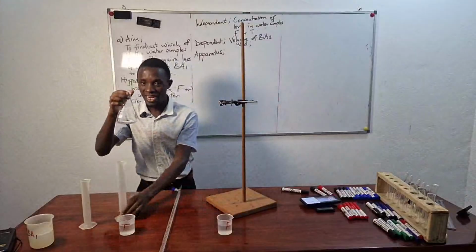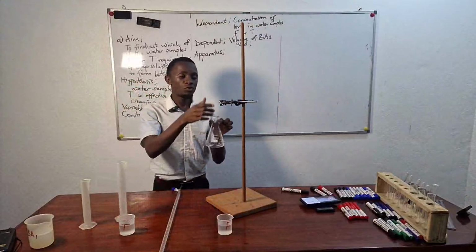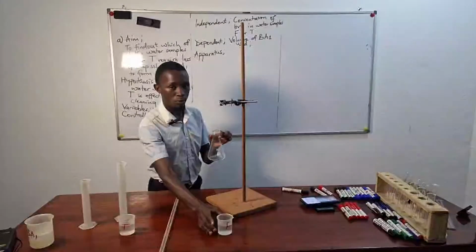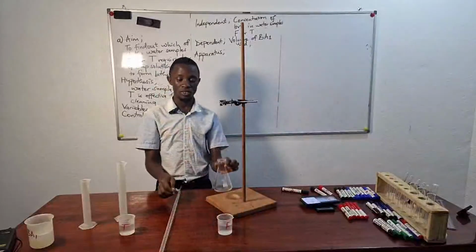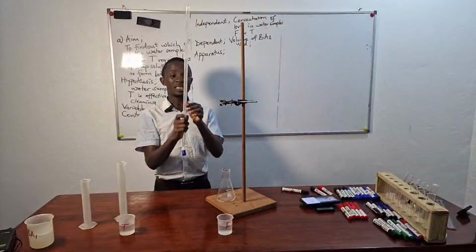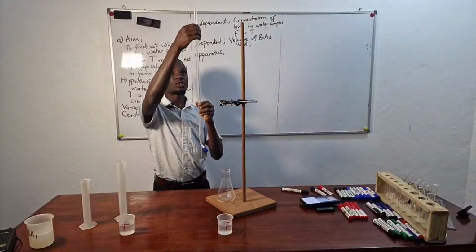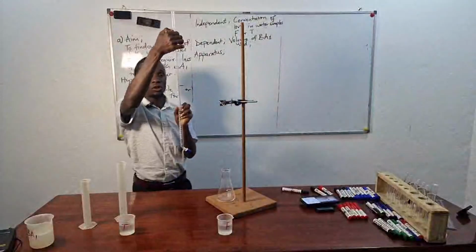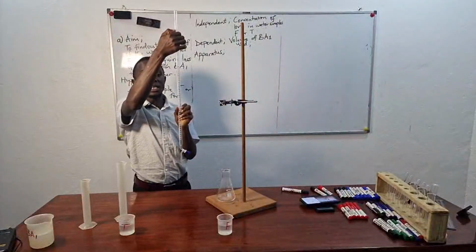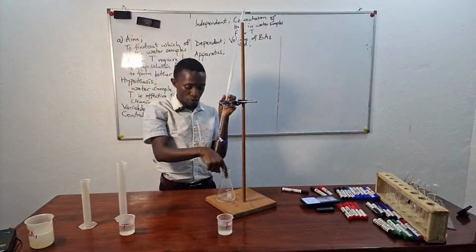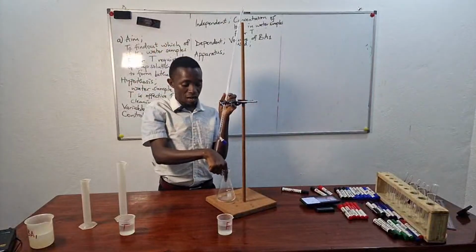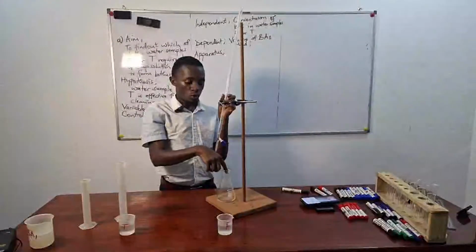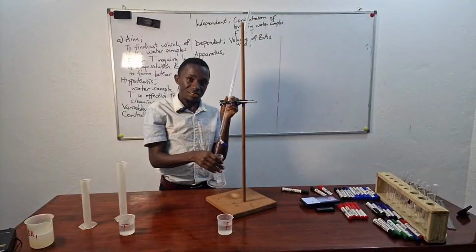Then after transferring the 25 or 20 of the water sample into a conical flask, I will run a soap solution that was previously added into a burette, a 0 cubic centimeter mark, onto the water sample while shaking.